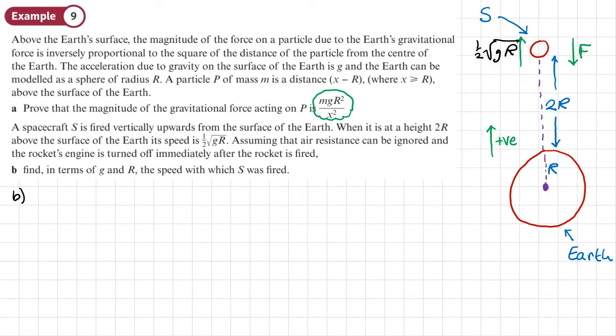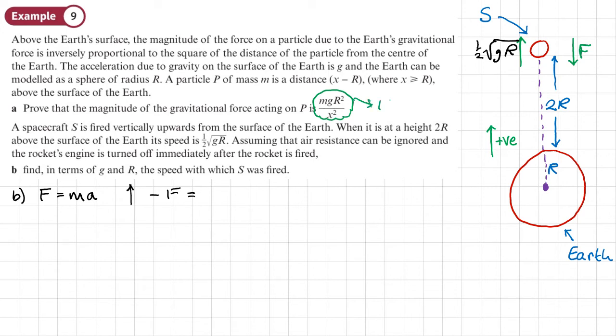So we start with F equals ma. And as I said, in my diagram, upwards is positive. So our force is going to be negative F is equal to the mass. And actually we've worked out F, haven't we?